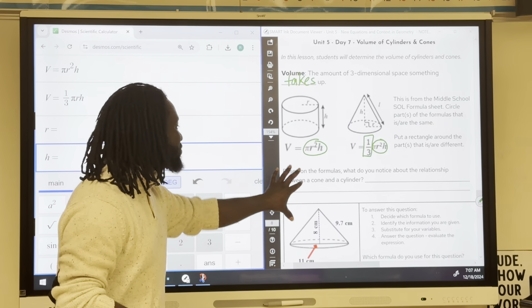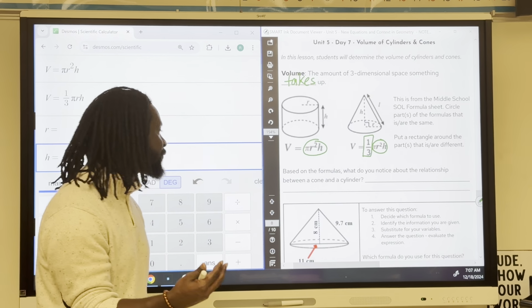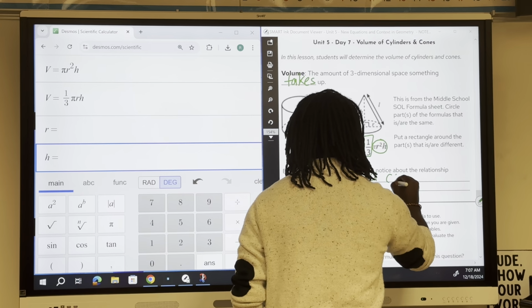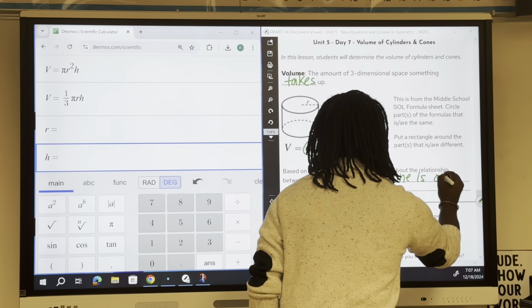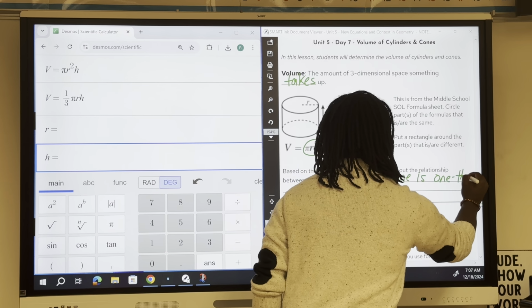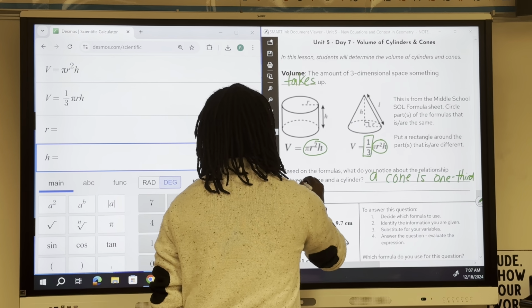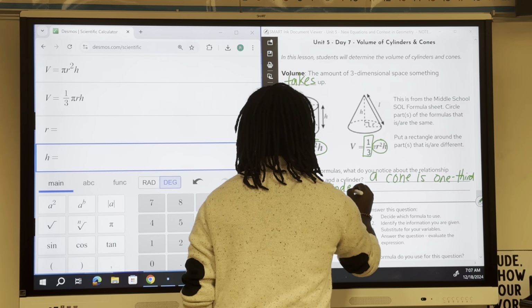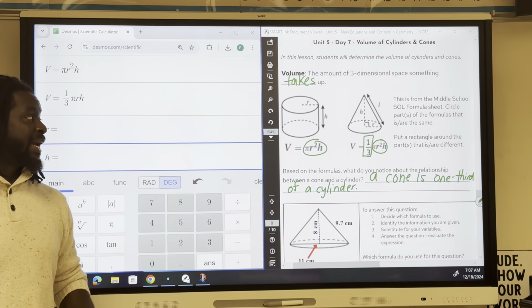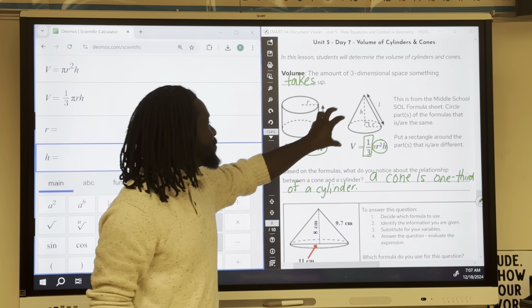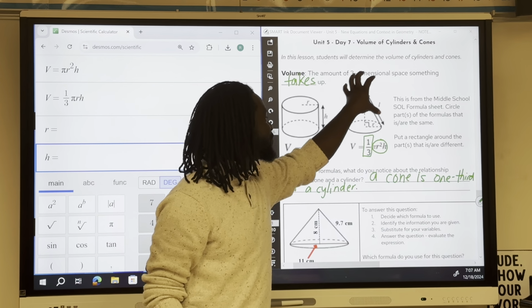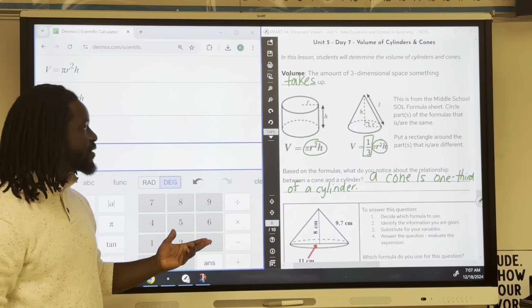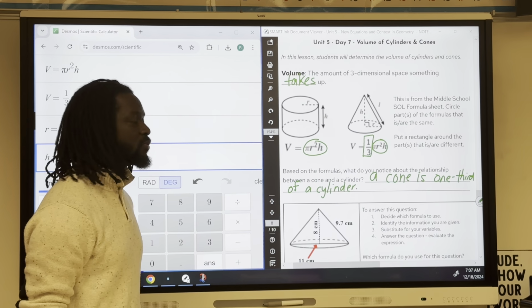So the answer to this question, what we notice about the relationship, is that a cone is 1/3 of a cylinder. So it would take 3 of these cones to fill up the inside of a cylinder with the same dimensions, the same height and the same radius.